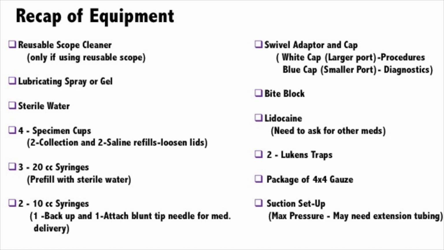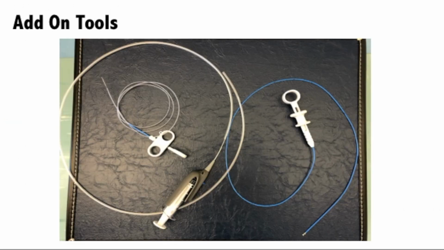You want to make sure you turn that to max pressure, and you may also need to gather extension tubing. And lastly, your bronchoscope. In addition to the equipment you will gather, some physicians may request certain add-on tools and may require assistance inserting and manipulating them.